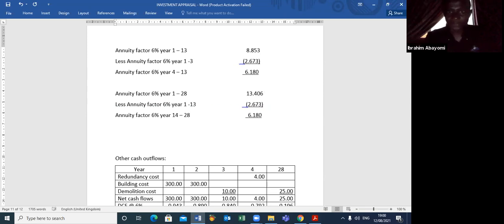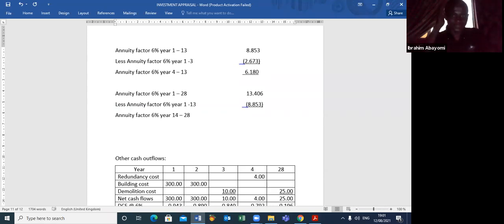Now, year 1 to 13 is what we computed up there, 8.853. Just put it there. So what is the balance we're going to have? 30.406 minus 8.853.